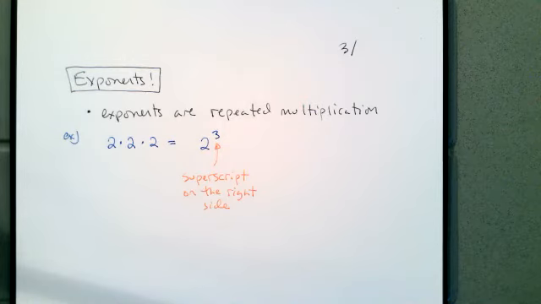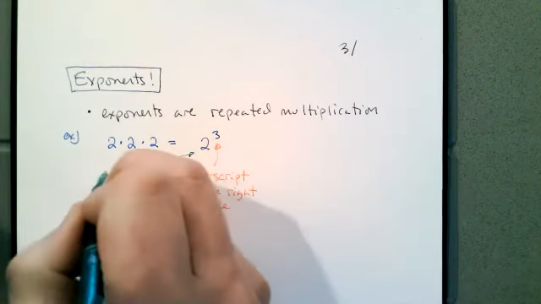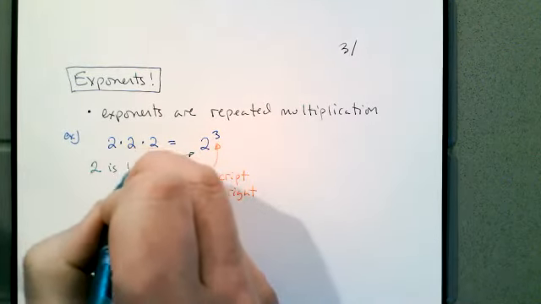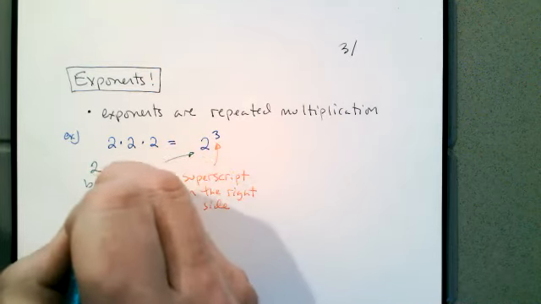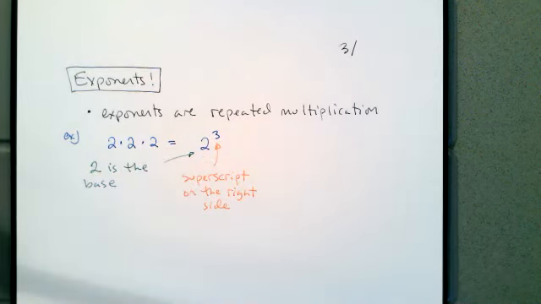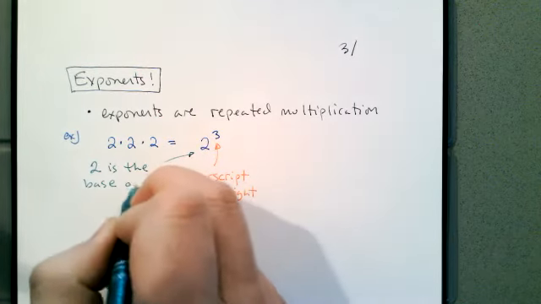In this case, we refer to 2 as the base of the exponent. 2 is the base. B-A-S-E, not B-A-S-S. So 2 is the base of the exponent.